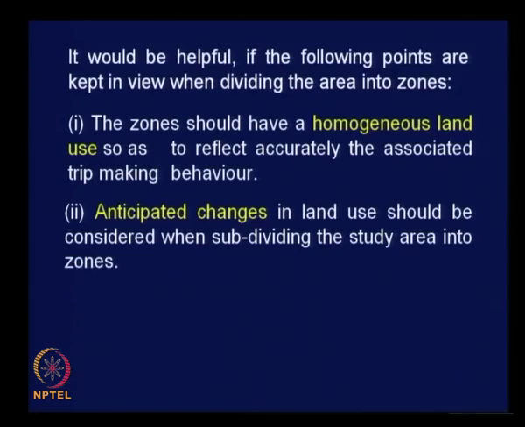So, such changes are to be foreseen, right. You must have a clear idea about the history of development of an urban area and fix the boundary for the zones. There could be scattered residential development with open agricultural land in between. Obviously, in course of time within 5-10 years all these spaces will be occupied by houses. So, you can enclose the whole of the area as one traffic zone, right. That is how you need to understand this particular point.